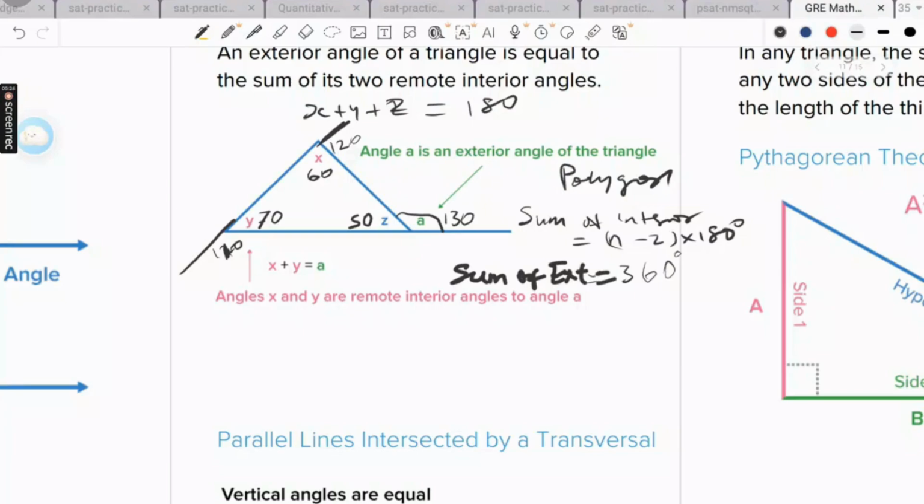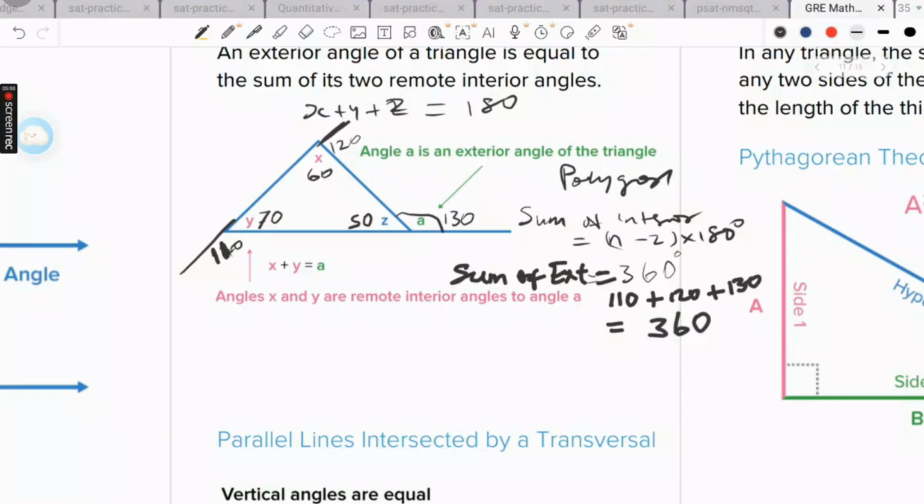This actually means that if you add all the exterior angles for the one we are solving now, which are 110 plus 120 plus 130, can you quickly sum it? 110 plus 120 plus 130. Can you confirm that it's 360? Yes, it is. So that is what that one means.